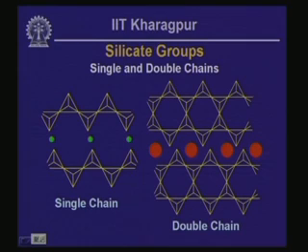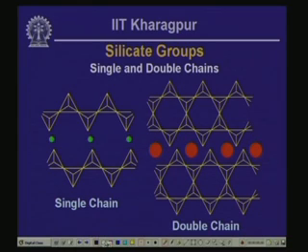Single chain structure is shown on the left of the slide here, and here what we got is silica tetrahedra oriented in an opposite manner like this.